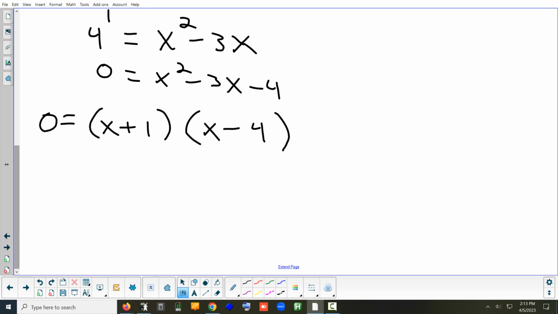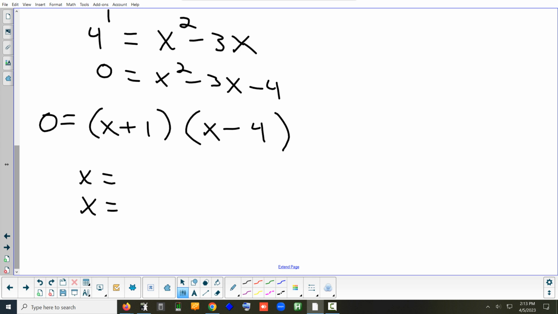Okay. What's x times negative 4? Negative 4x. And what's 1 times x? And what do you get when you add those up? Negative what? Negative 3x. And that's what I was trying to make sure I got in the middle. Okay, so we factored it correctly.